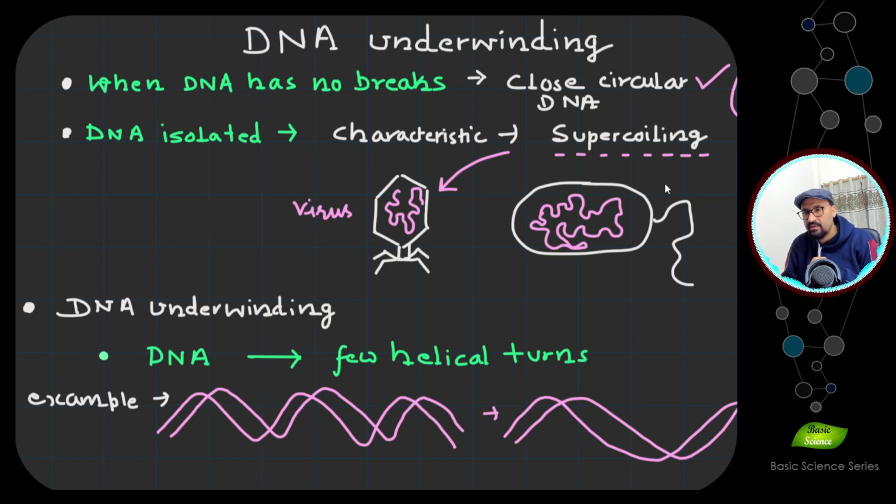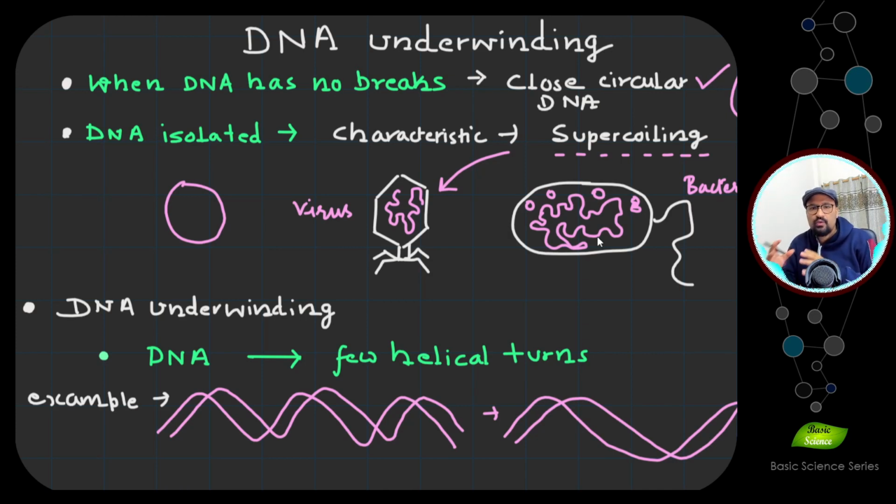On the right side you're seeing bacteria and the supercoiling process. And the plasmid, which is an extrachromosomal piece of DNA present in the bacteria, has a pattern different from the genomic DNA. So depending upon the source, the supercoiling will be characteristic of that particular source.